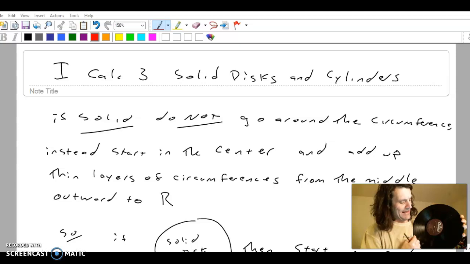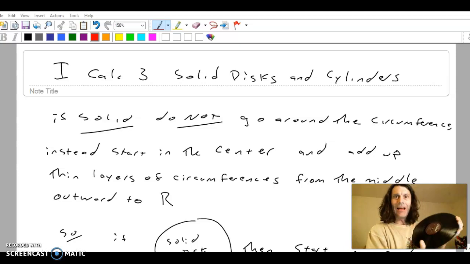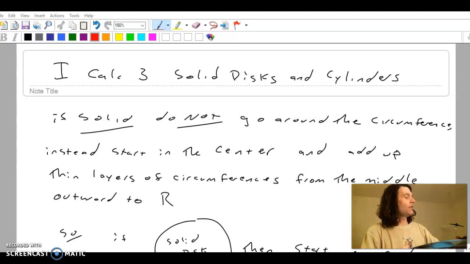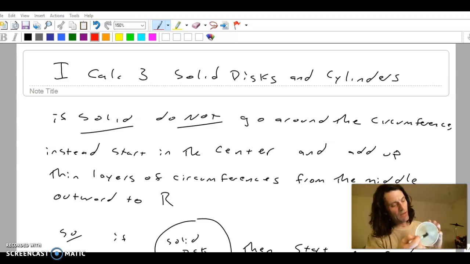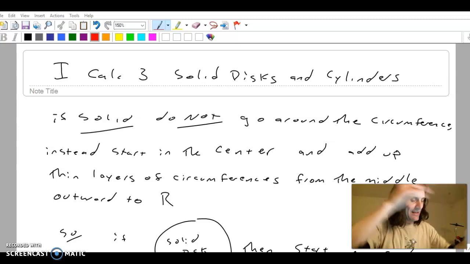If I add up the thickness of all those little grooves that make complete circles, I will add up to the whole entire record, the whole entire disc. So please think of it as the grooves on a record, or the layers of ink, one Sharpie thickness at a time, painting that black.